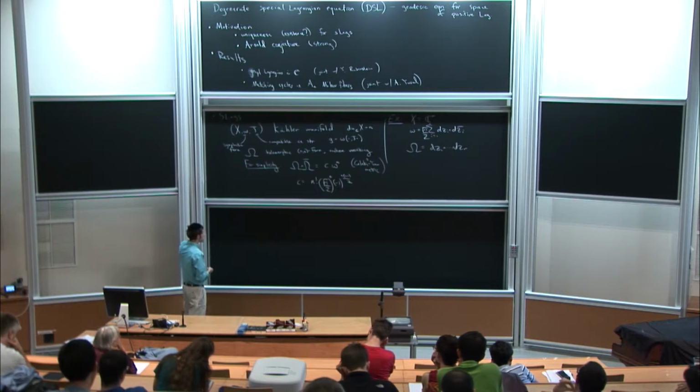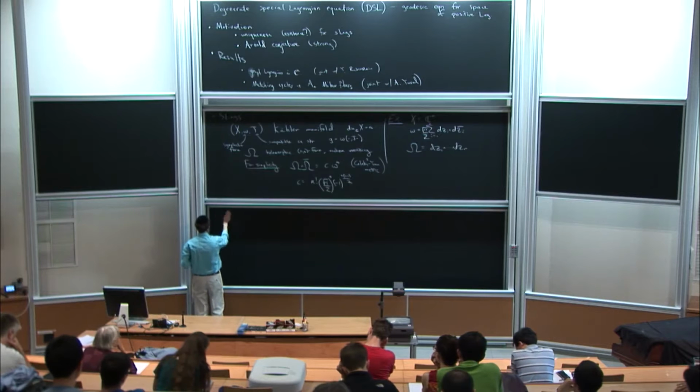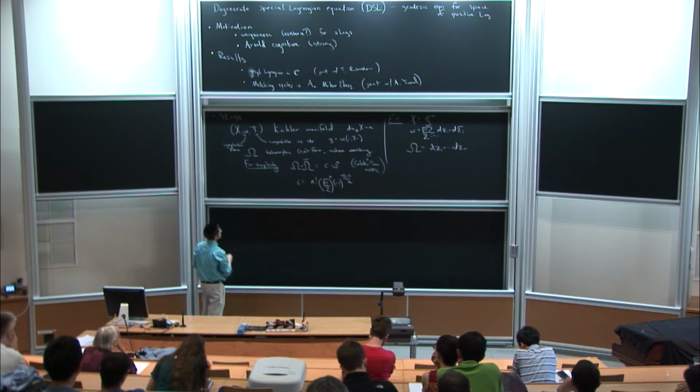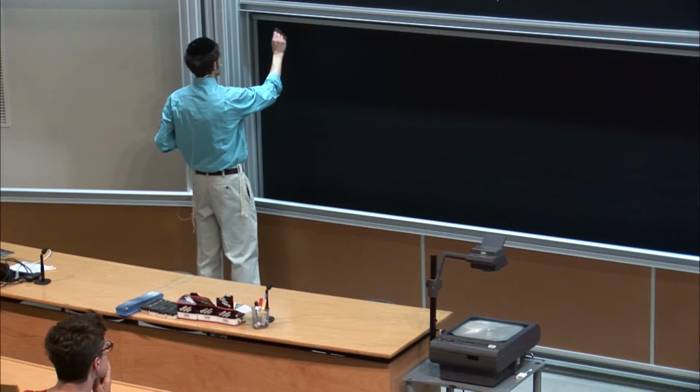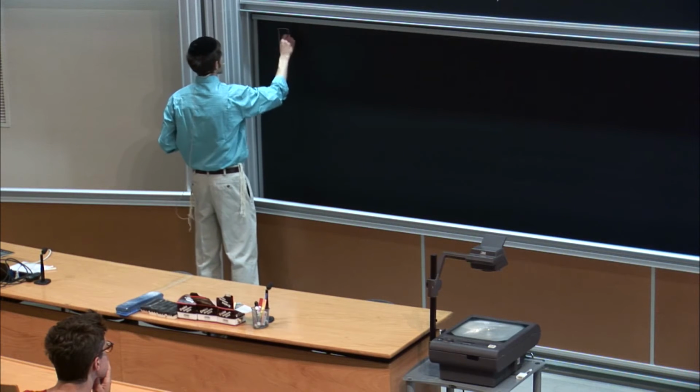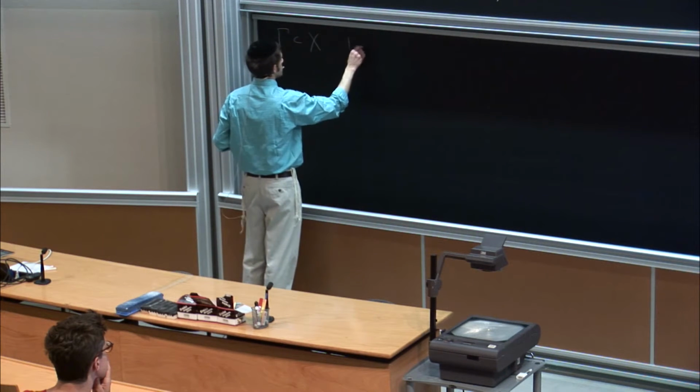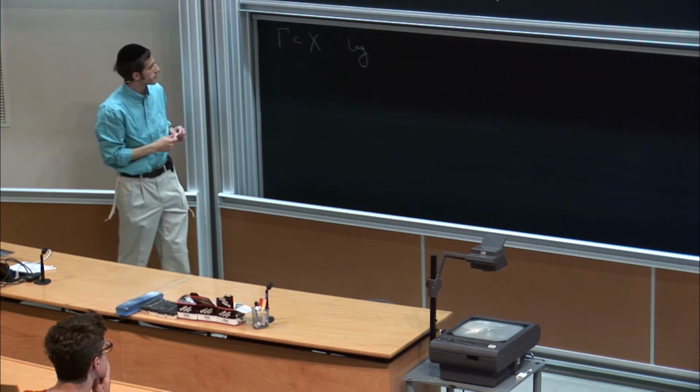Anyway, in this setting, what should one know about these things? Suppose gamma is a Lagrangian submanifold.